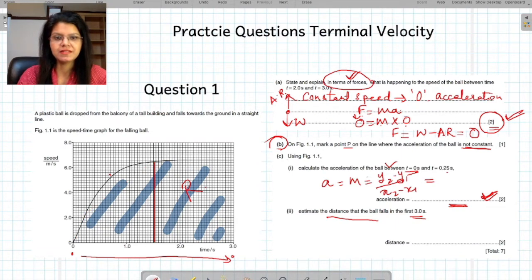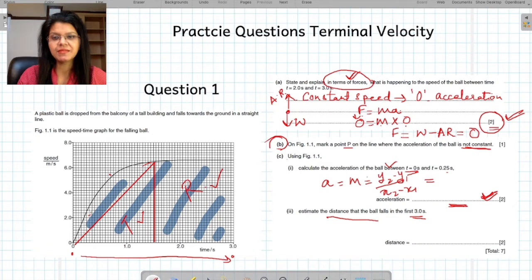Sorry, I'll just erase it and correct it. That line was not straight. You have a triangle. Let me call it T. You can use the formula for the area of a rectangle to find the area here. You can use the formula for the area of the triangle to find the area here. Then you'll have to estimate the area here.